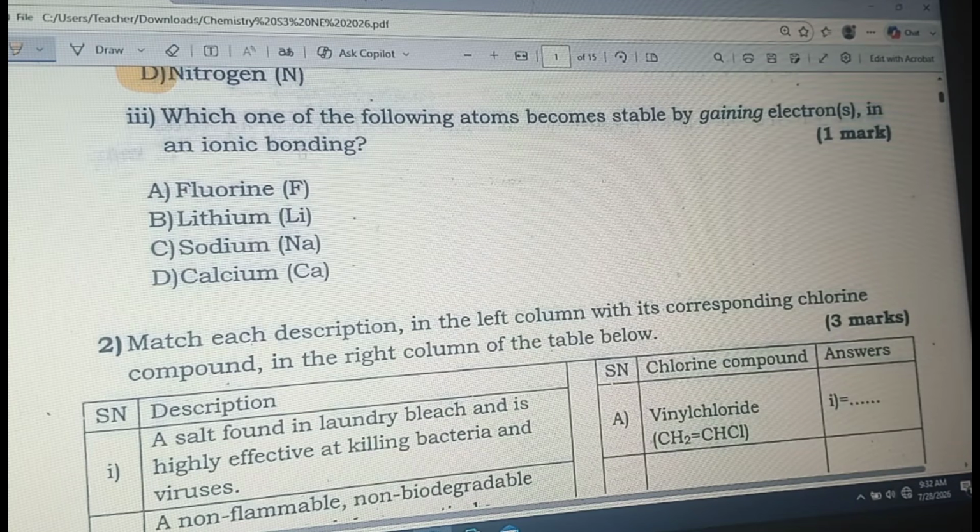Metal loses electrons in order to be stable, but non-metal gains electrons in order to be stable. So A is a non-metal, fluorine. B, lithium is a metal. C, sodium is a metal. D, calcium is a metal. These metals lose electrons in order to be stable. Only the non-metal gains electrons to be stable, so the first one is the best option.